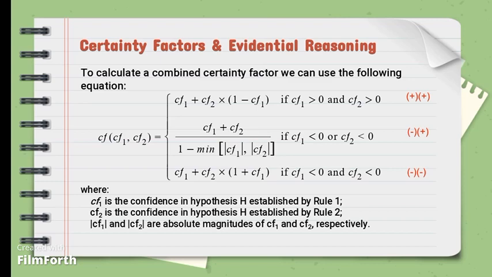The second equation will be used if the certainty factor of rule 1 is less than 0 or the certainty factor of rule 2 is less than 0. The third equation will be used if the certainty factor of rule 1 is less than 0 and the certainty factor of rule number 2 is less than 0.